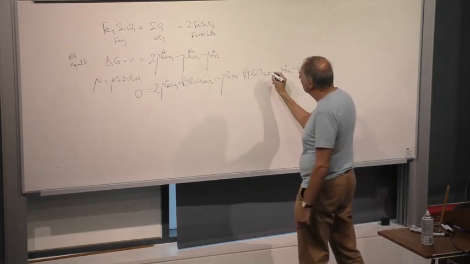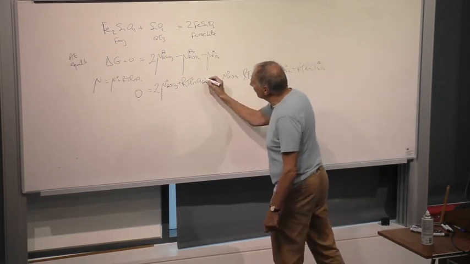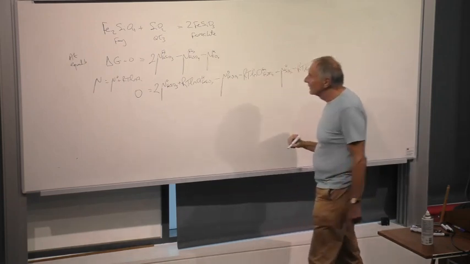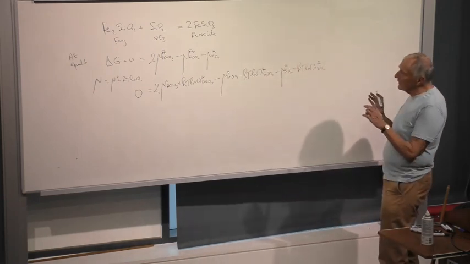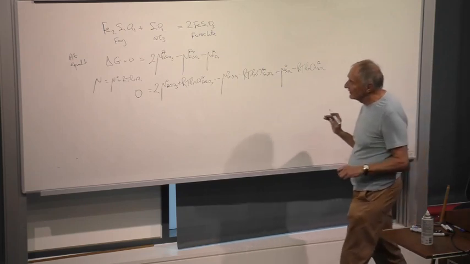So, fayalite, quartz, ferrosilite. What we do now is collect the mu 0 terms on one side and the activity terms on the other.